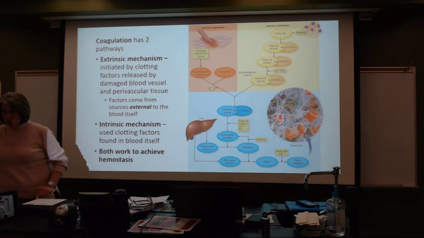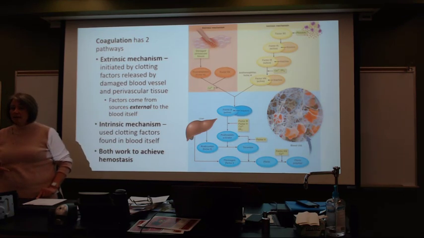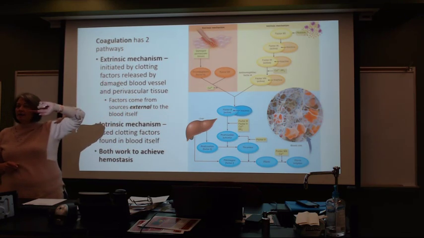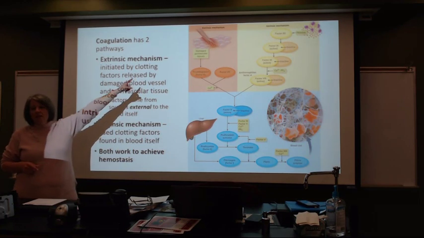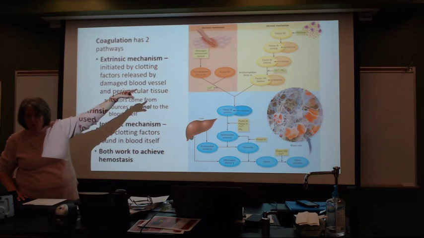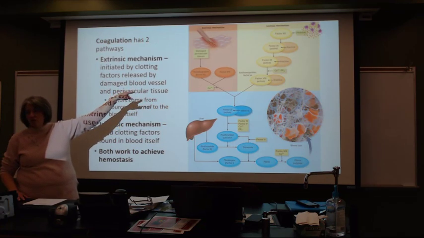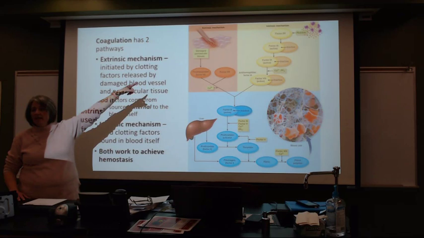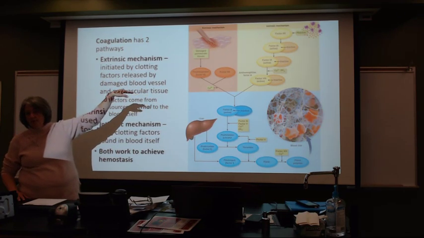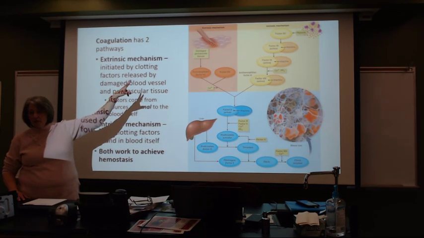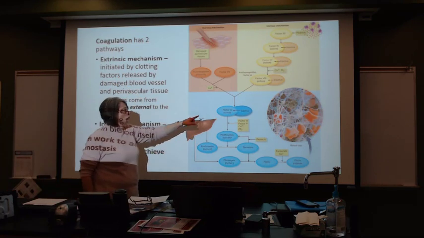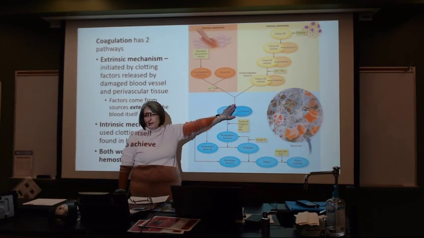Your textbook's going to get into great detail on the extrinsic pathway, but it is simply the process occurring in the tissues around the breach. Intrinsic is what's in my blood, the actual blood flowing. If both of those pathways are working correctly, I get to my common pathway.